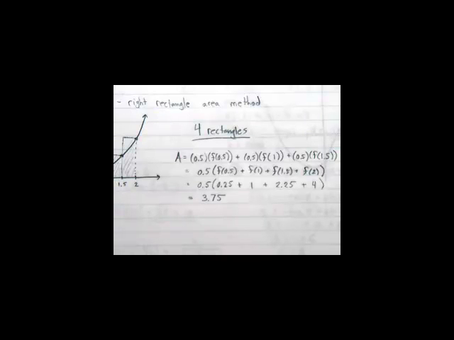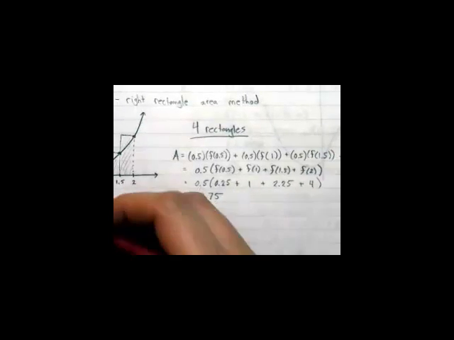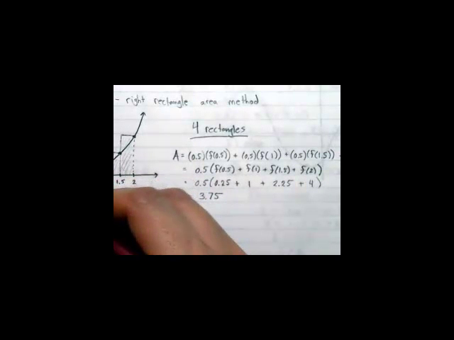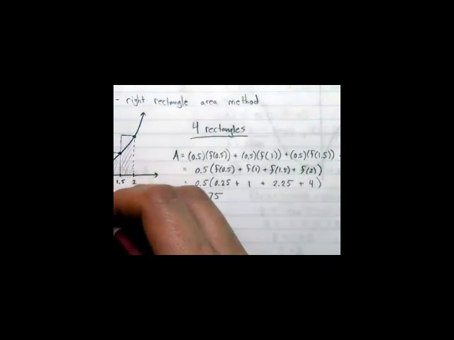Okay? So RAM by itself overestimates a little bit. LRAM by itself underestimates a little bit. So what do you think we could do with those two answers? Take the average. And it tends to be a pretty decent indicator of what the actual area is. So that's what we're going to do. So let's do a little LRAM here, though, on the same one.